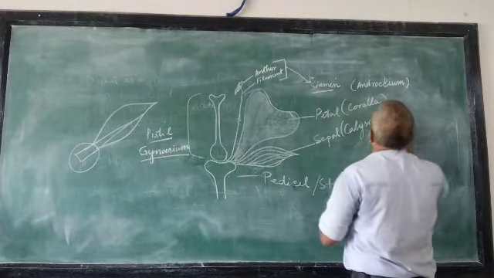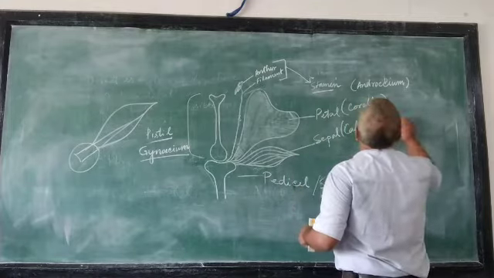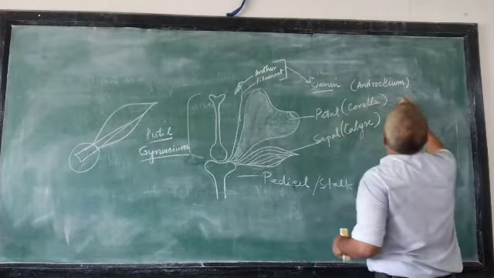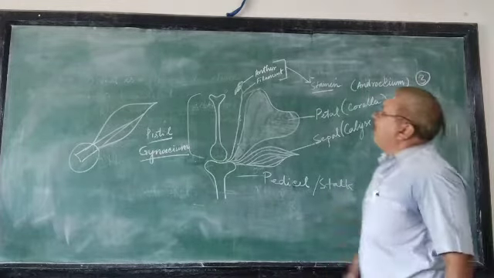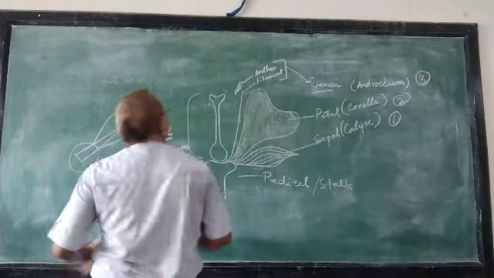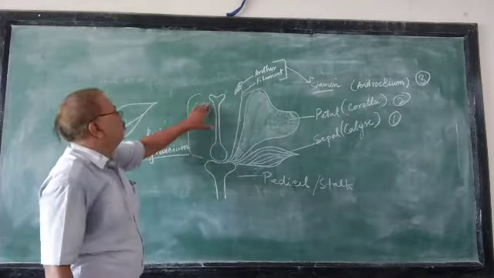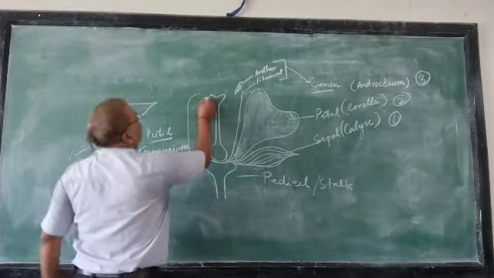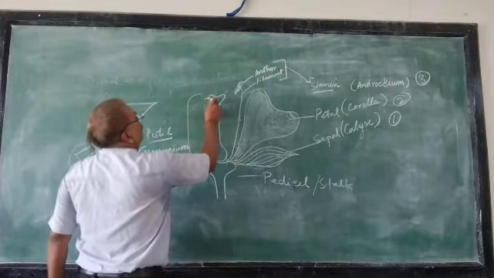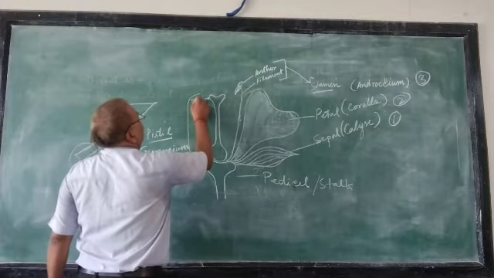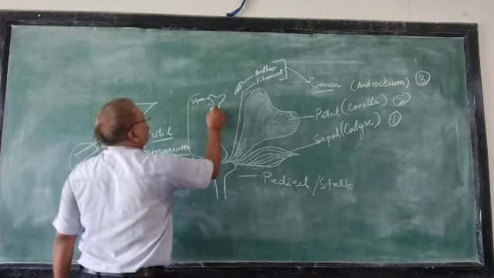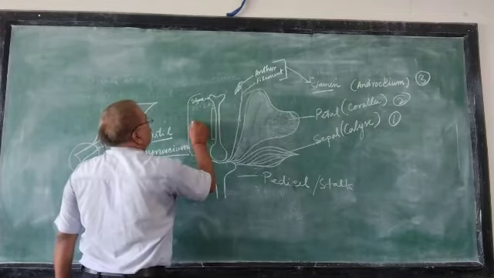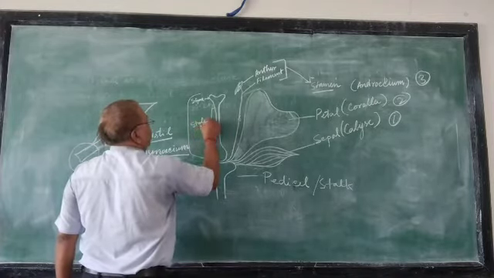The first part of the flower will be calyx. The petals, the second one. Then the stamen is the third one. And the fourth one, again here you see the whole structure is not uniform. So this part is known as the stigma. And from here up to here, this is style.